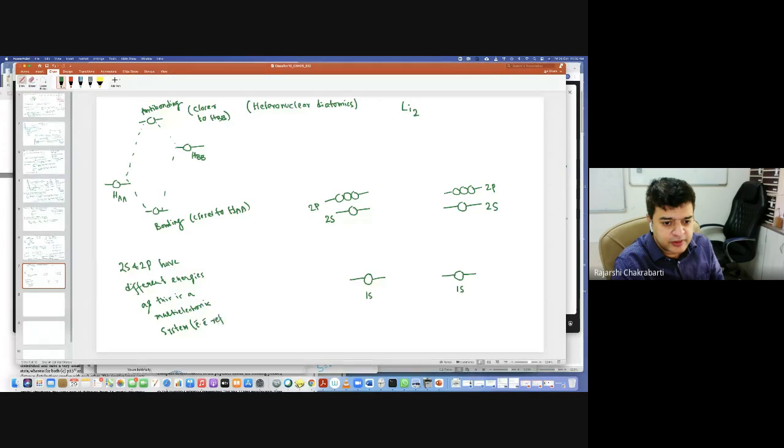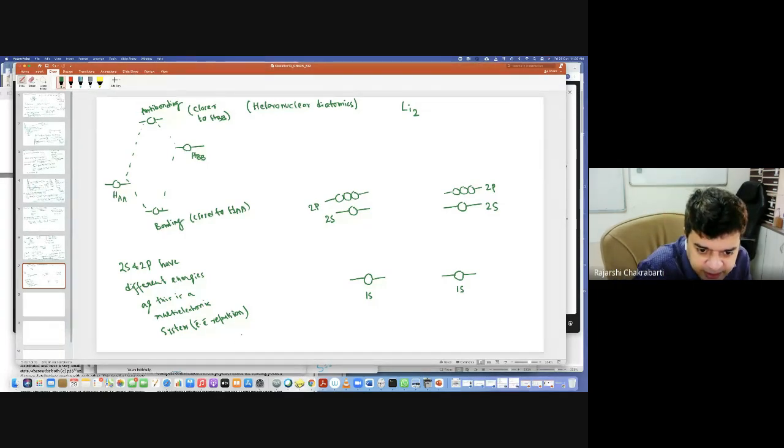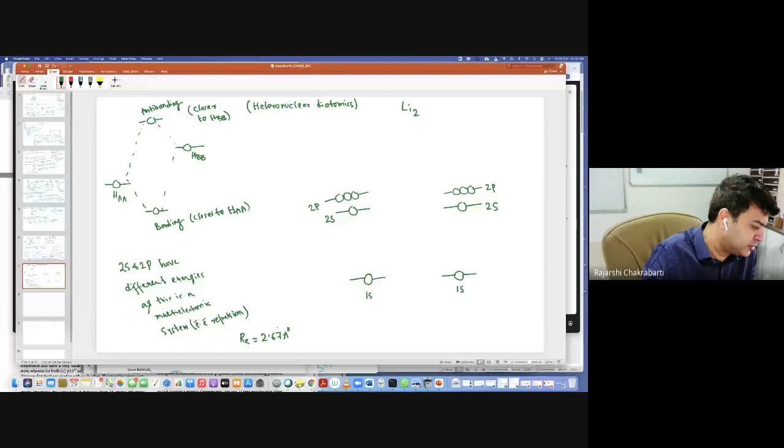Electron repulsion. Okay, up to this is fine. Now experimentally, the equilibrium bond length R for lithium-2 is 2.67 angstrom. I think that's the value. Yes.